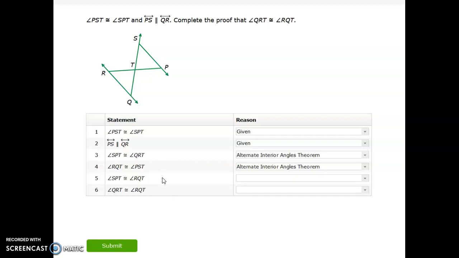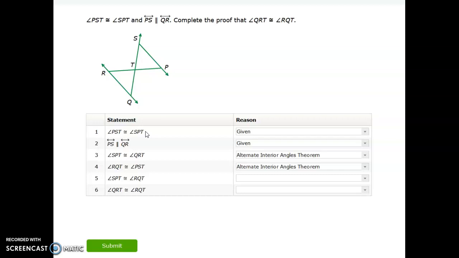So we've got SPT is congruent to RQT. Okay, I see RQT right here being congruent to PST. Now, if I look all the way back up at the first line, PST is congruent to SPT. You guys see that?